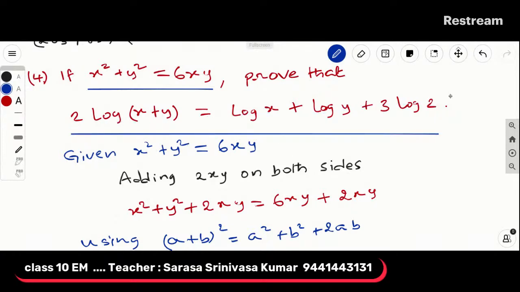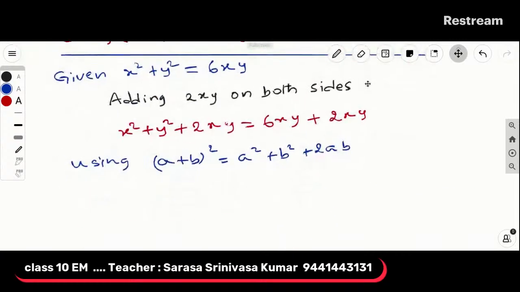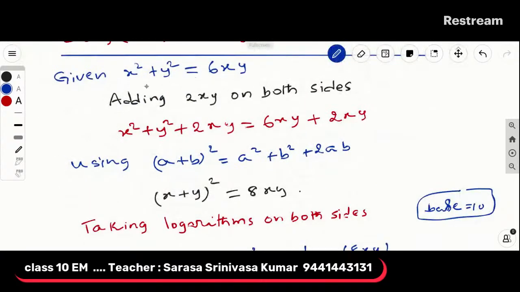This is the result we have to prove. To prove this result, we consider the given condition. The given condition is x square plus y square equal to 6xy.